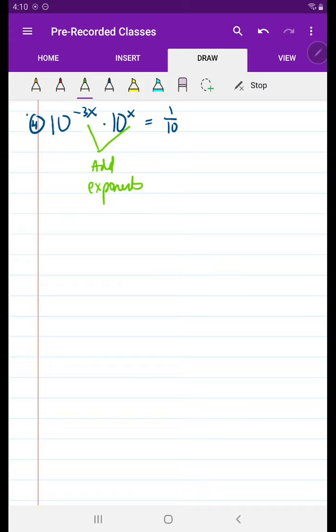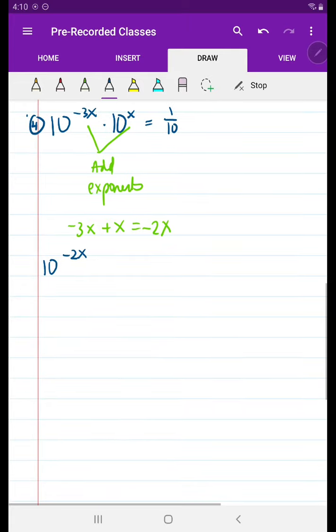I've got a negative 3x and an x. So I can do negative 3x plus x, and that would give me negative 2x. So then on the left side, I would have a 10 raised to the negative 2x. Now, we can take a look at our right side.